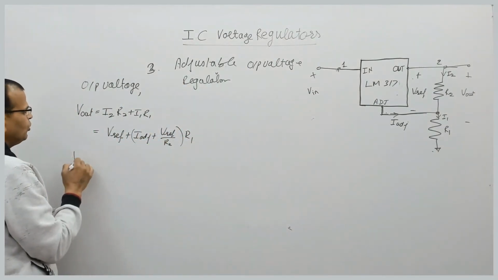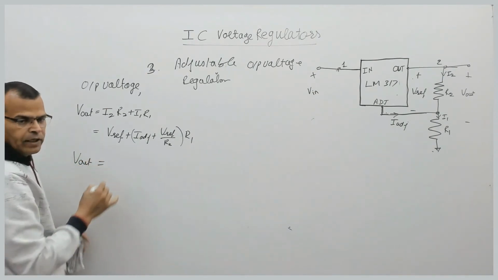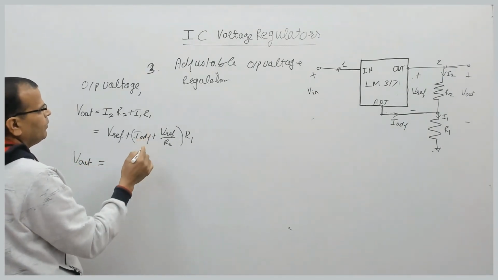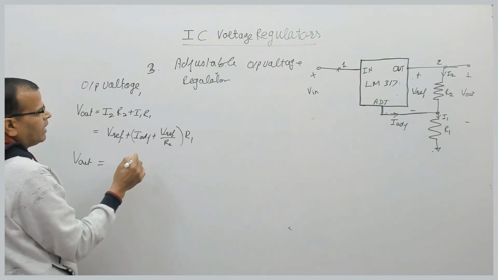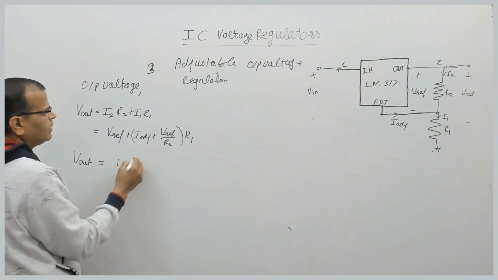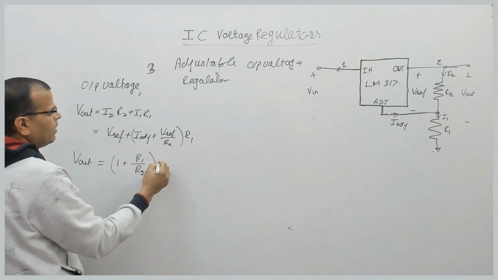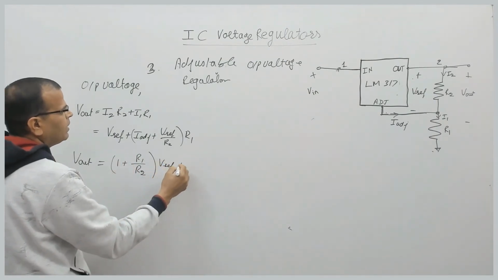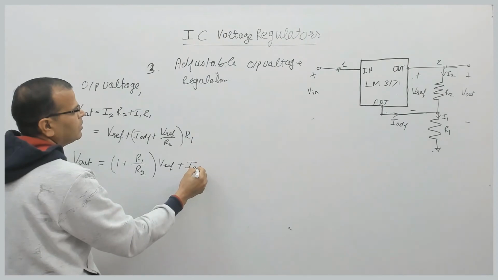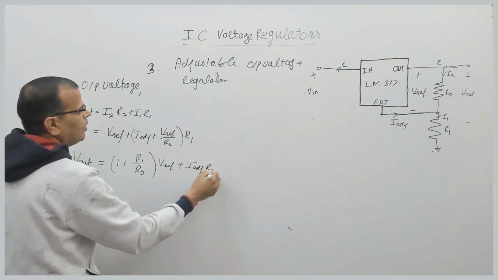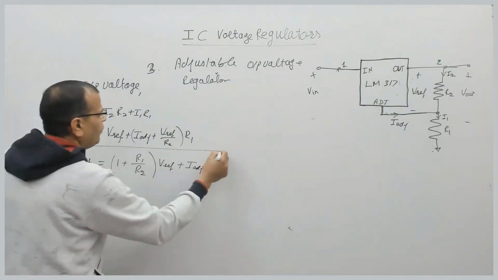So the output voltage can be further written like this, please see carefully: 1 plus R1 by R2 multiplied by Vref plus I adjusting current into R1. That is the expression of output voltage.